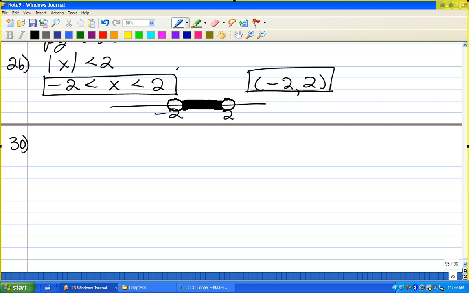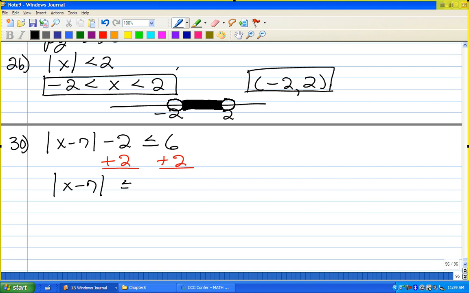Absolute value of x minus 7, minus 2, less than or equal to 6. So let me isolate the absolute value on one side of my inequality. Let me add 2 to both sides of my inequality. So the absolute value of x minus 7 is less than or equal to 8. Therefore, I have that x minus 7 is between negative 8 and positive 8.